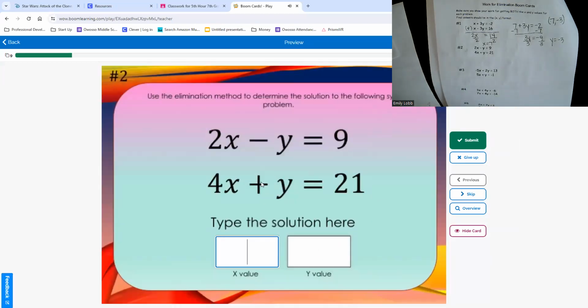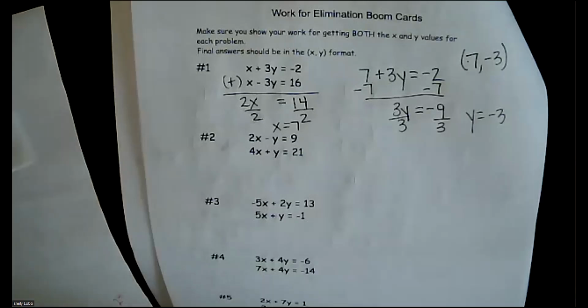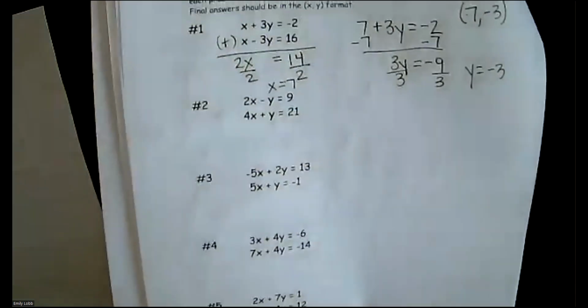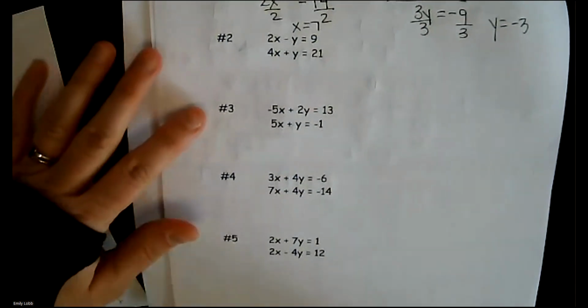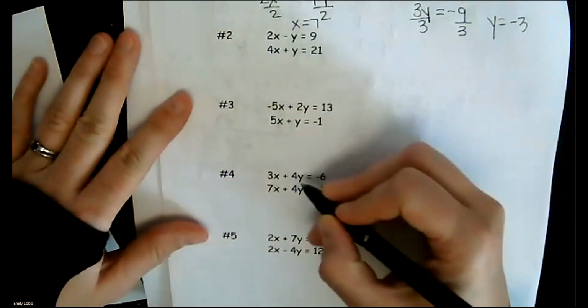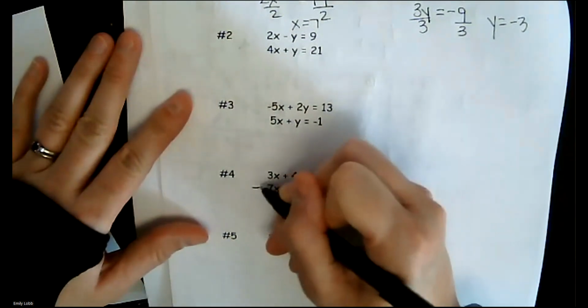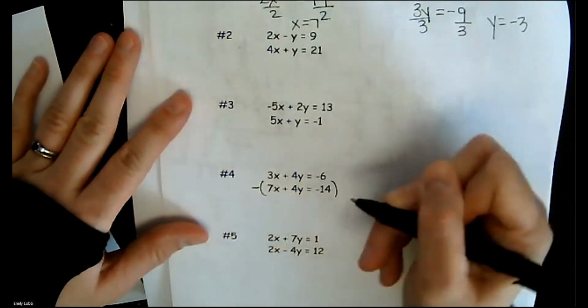Yay. All right, so this one is the next one. These are the opposite, so you can just add them. Let's skip ahead to number 4 for a minute because I noticed these are not the opposite. So we do have to distribute through negative 4.